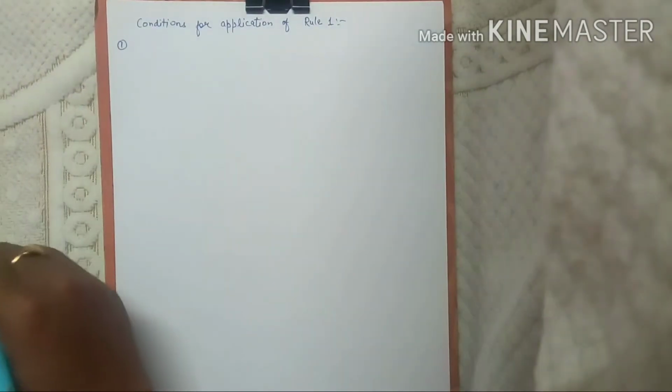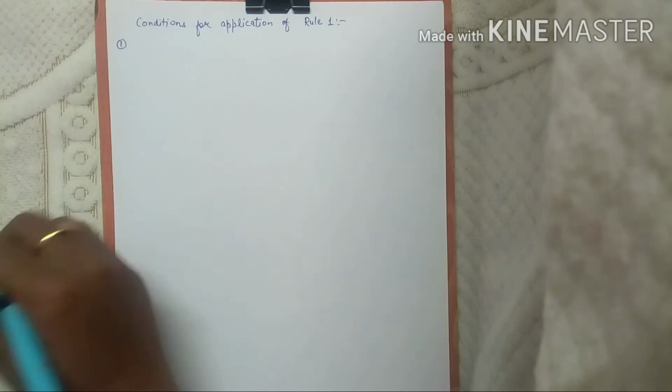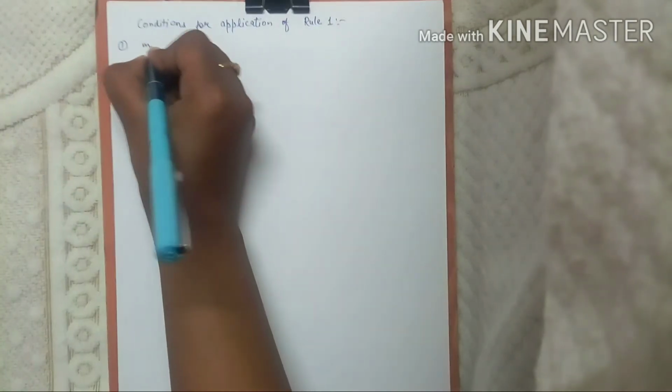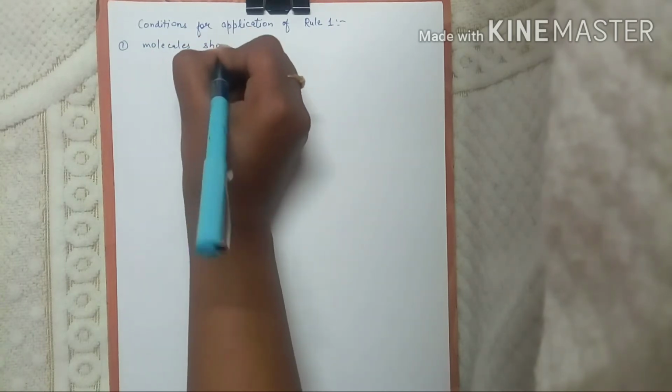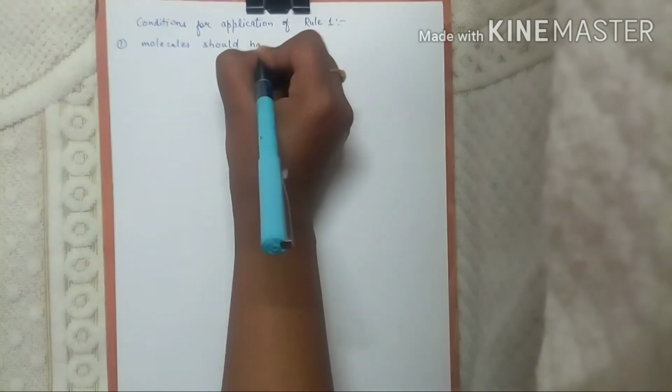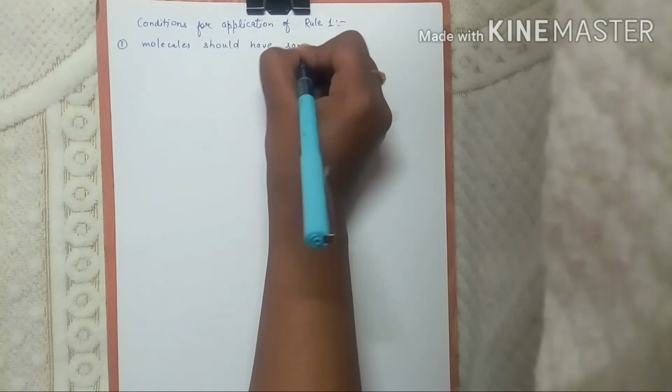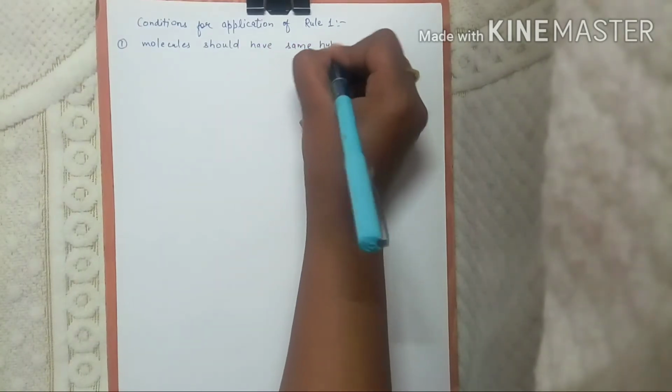The first condition is that rule 1 is applicable only on molecules having the same hybridization. That is, molecules should have the same hybridization.